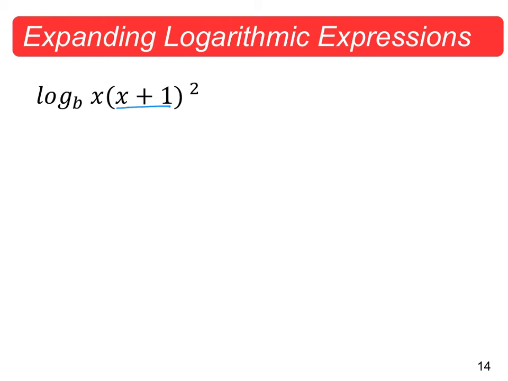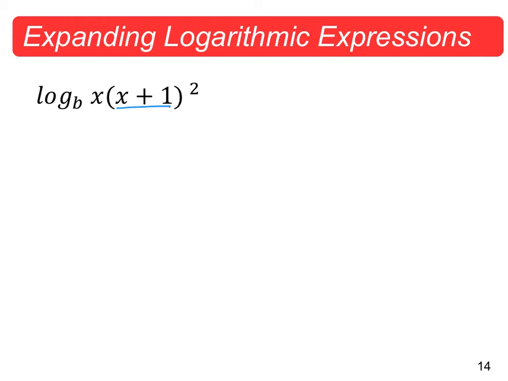It can't be separated. That x plus 1 has to stay together. This is not part of your product rule. That x plus 1 is a unit. You're going to think about that the same way that you would think about y. So this is using the product rule and it's using the power rule.